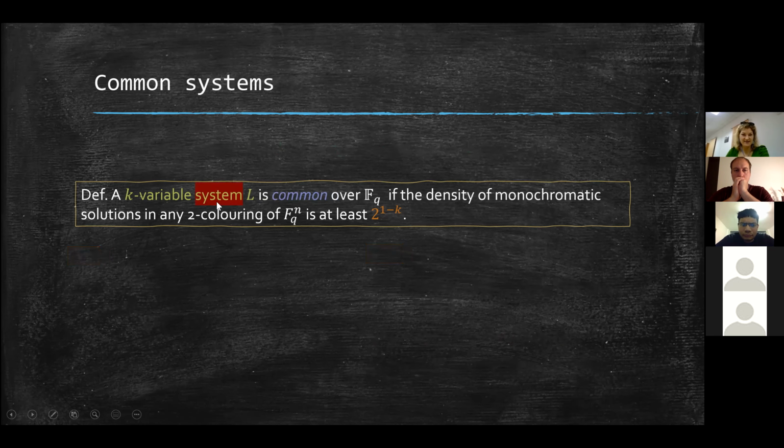Now we replace a single equation by a k-variable system L. And this system is defined to be common under completely the same conditions. So if the density of monochromatic solutions in any 2-coloring is at least 2 to the 1 minus k. And I already gave you an example of k-term arithmetic progressions, and I kind of hand-waved that this is indeed the correct random benchmark. So whether it's about equations or systems, what we care about is the number of variables k.